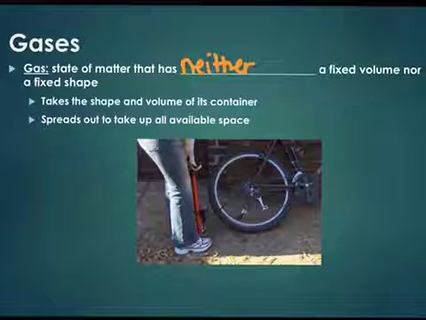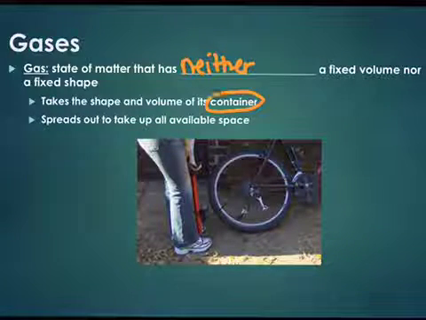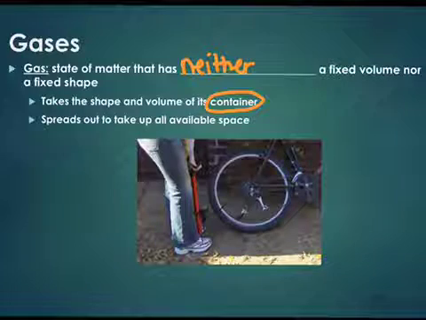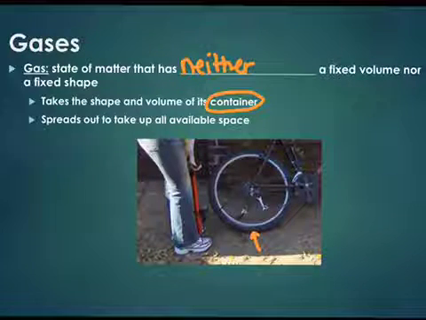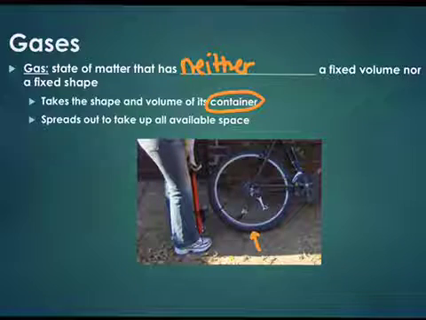It's important to note that when we talk about a container, we're not talking about a Tupperware container per se. Gases occupy really big containers, such as a classroom. They can occupy much smaller containers, like this bicycle tire. So when we use the word container, don't limit your thoughts to your grandma's Tupperware containers.